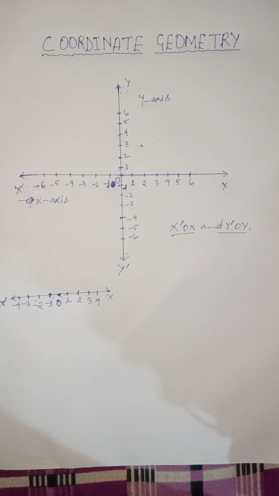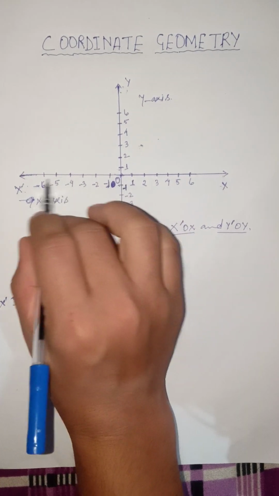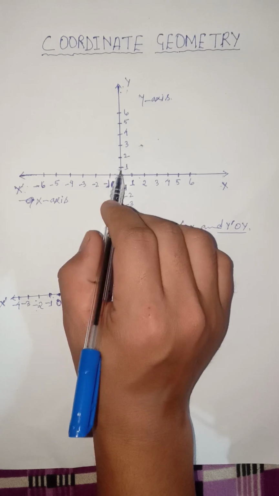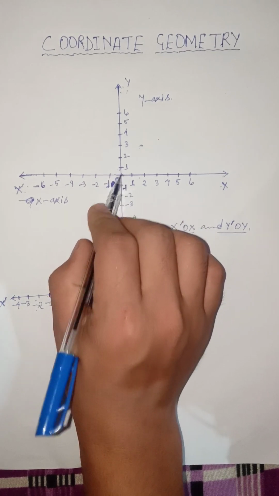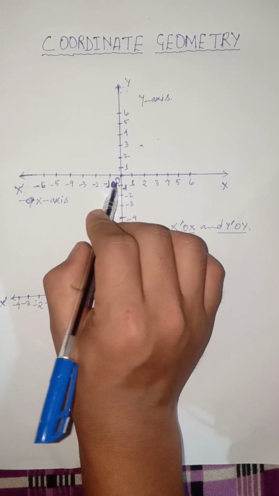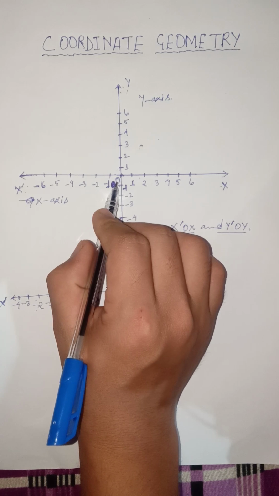Then let us discuss the origin, the place where the x-axis as well as the y-axis intersect. We call it the origin. Where is the origin? This point. Both the x direction and the y direction meet each other at this point, and we call this point 0, or the other name is origin, right?